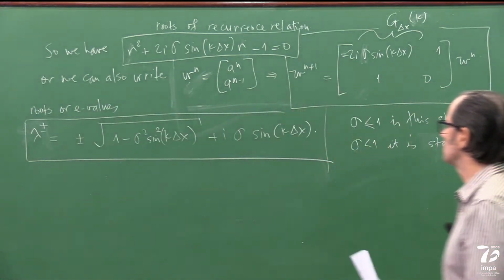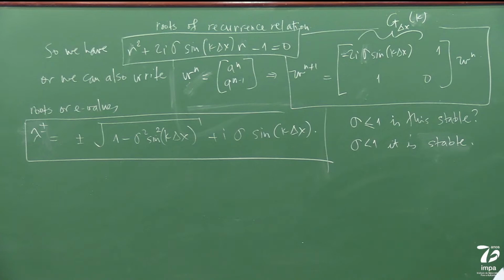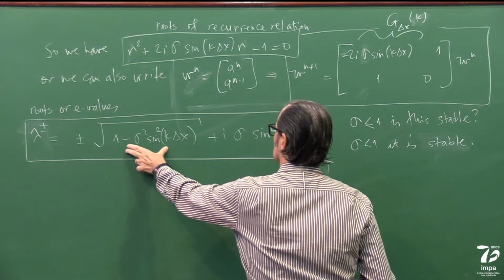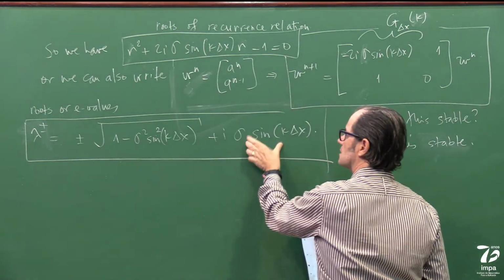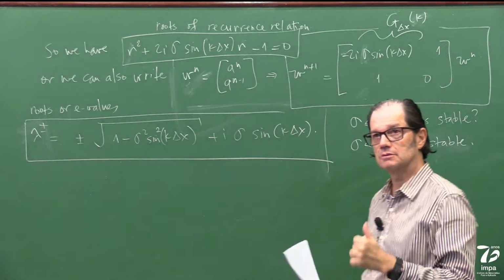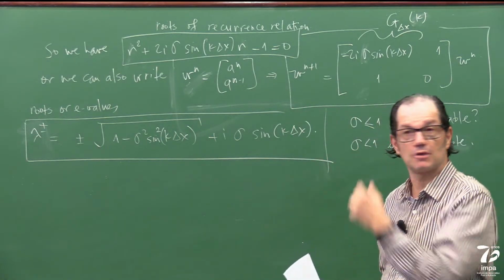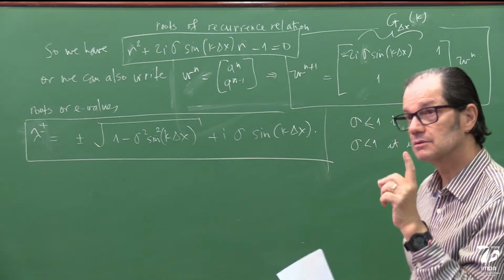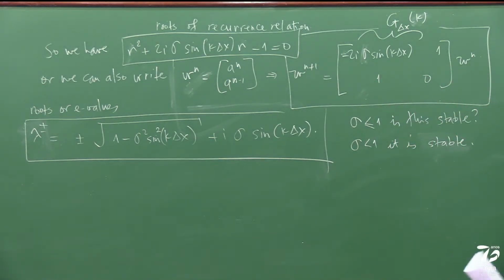Very good point. See, it's good to have young people in the crowd. No, very good point, because this guy squared plus this guy squared, this guy kills this, it's always 1. Excellent. I was going to mention that, I was forgetting to. Very good. Now, okay. Now look at this.